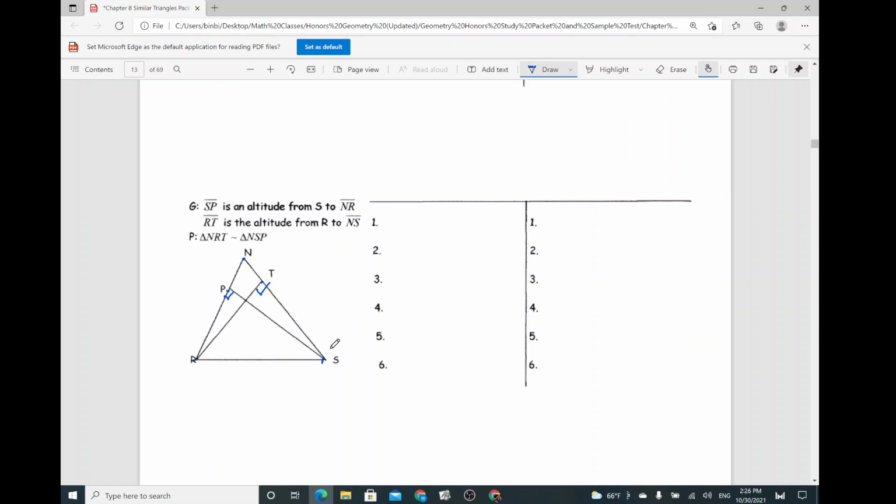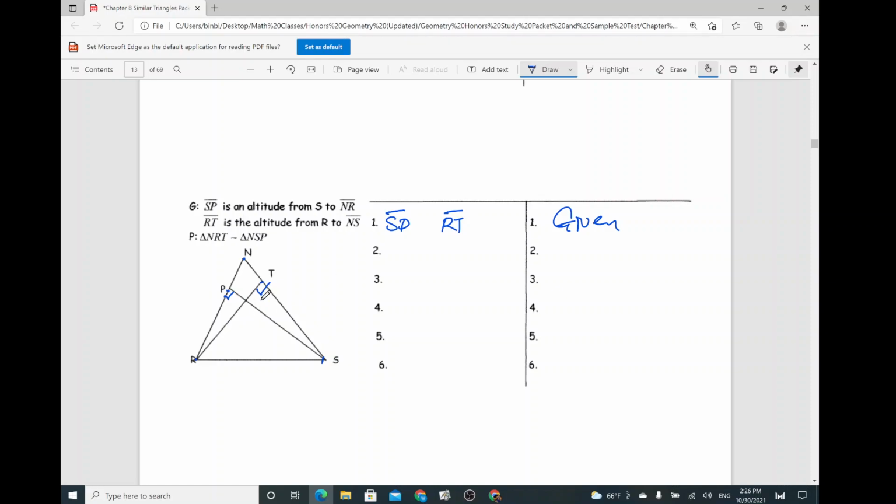So one thing that we want to say here is, using angle, let's say angle N is congruent to angle N. Okay, so normally we start with the given. Just start with the given first. SP, RT, those are the heights of the triangle.